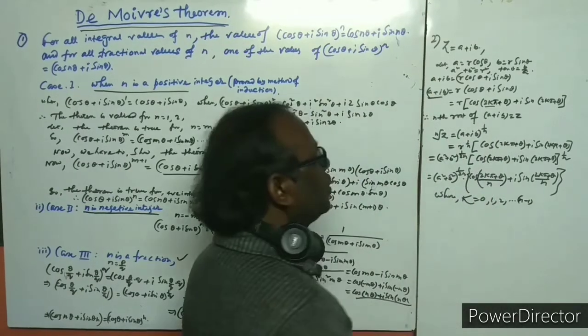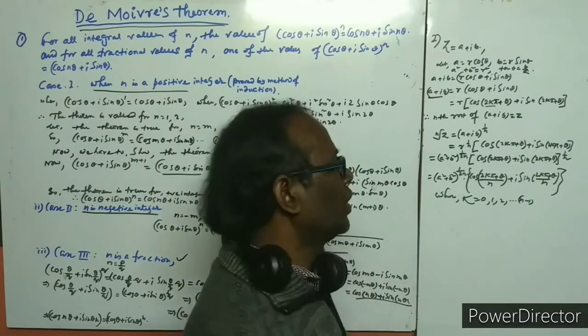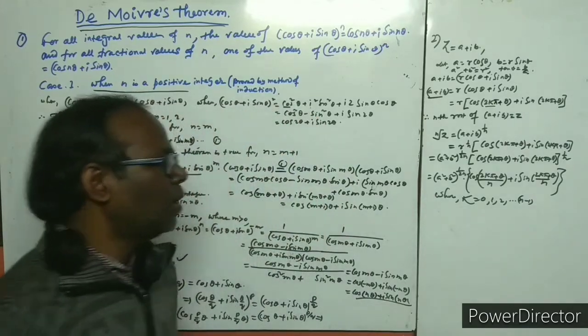So counting from 0, there are n solutions, so go to n − 1. Okay, so this is the nth root of a complex number.